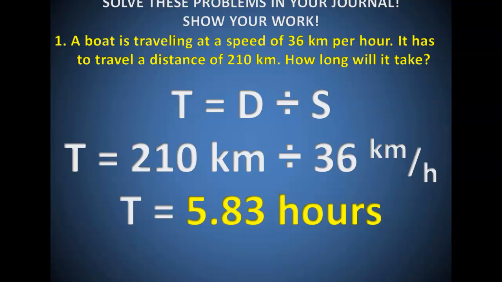If we take 210 kilometers divided by 36 kilometers per hour, our time comes out to 5.3. The 3 is actually repeating, but we'll go ahead and round it off to the nearest hundredth. So 5.83 hours. Our label for time is hours because we are measuring in kilometers per hour.